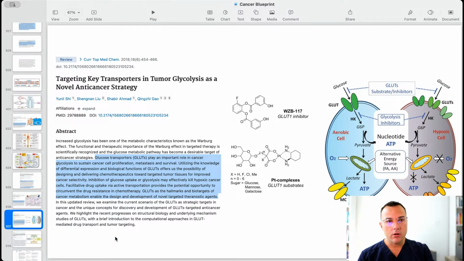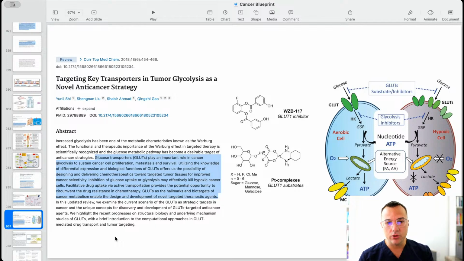The next paper, published just a couple months after that one in 2018, is titled "Targeting Key Transporters and Tumor Glycolysis as a Novel Anti-Cancer Strategy." And it says glucose transporters play an important role in cancer glycolysis to sustain cancer cell proliferation, metastases, and survival. Utilizing the knowledge of differential expression and biologic functions of GLUTs offers us the possibility of designing and delivering chemotherapeutics towards targeting tumor tissues for improved cancer selectivity.